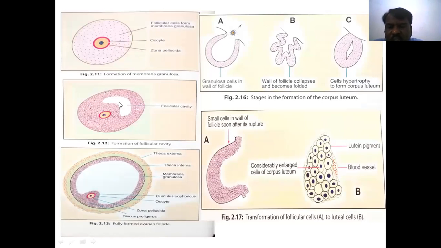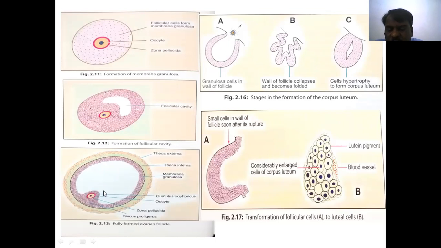This cavity is filled with some amount of fluid. The fluid pushes the oocyte eccentrically to one side, towards the follicular cells. So here the cavity formation is called the follicular cavity. Here are the granulosa cells, and towards the eccentric side is the discus proligerus, with the zona pellucida and oocyte.